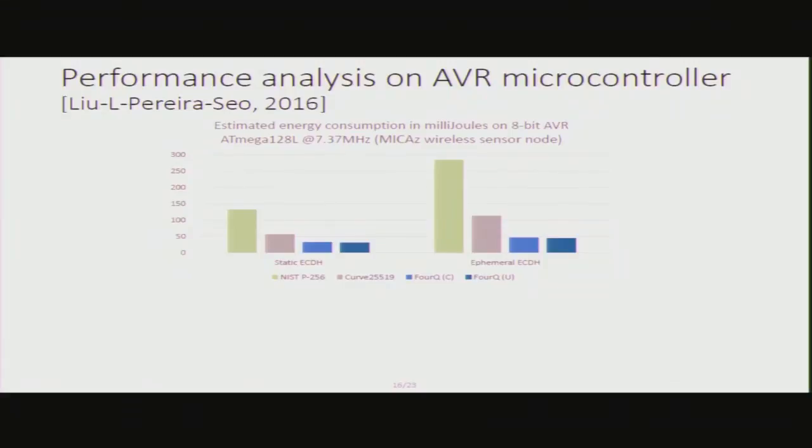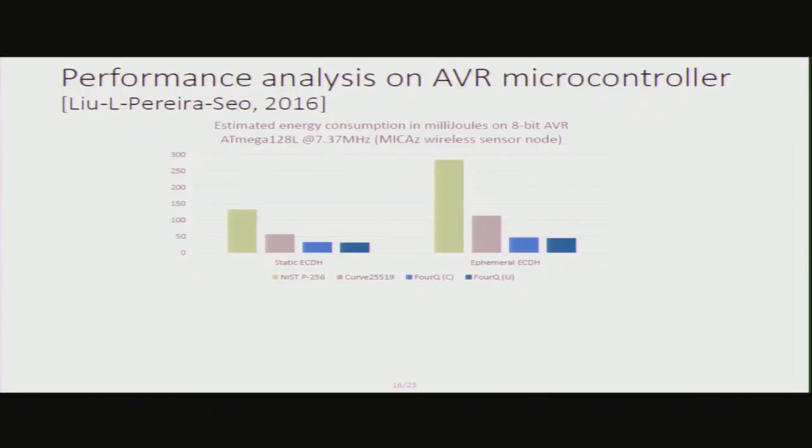These are estimated energy consumption in millijoules on the AVR, and this analysis corresponds to a wireless sensor node, a popular wireless sensor node that is called MICAz at 7.37 megahertz.